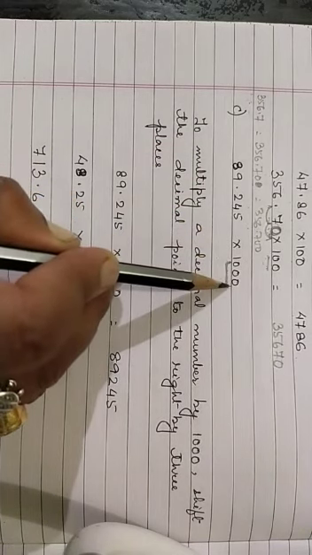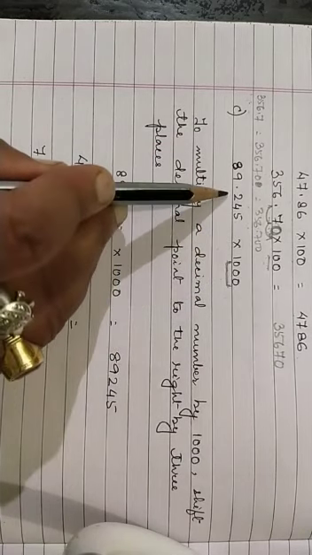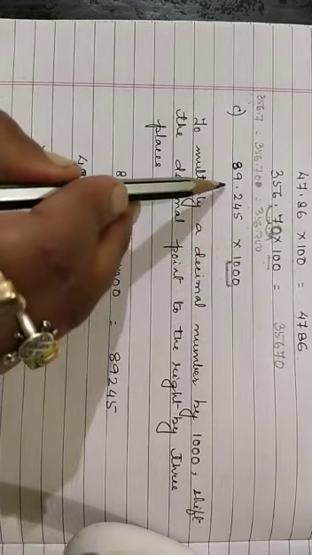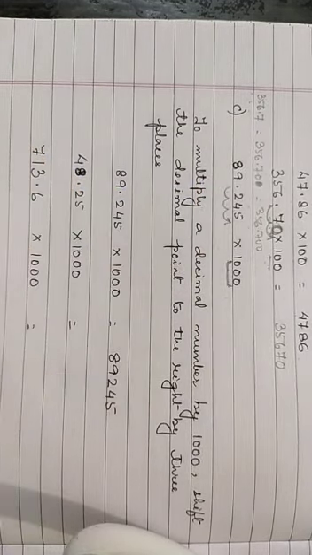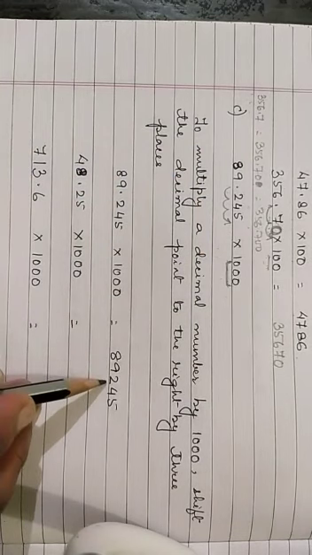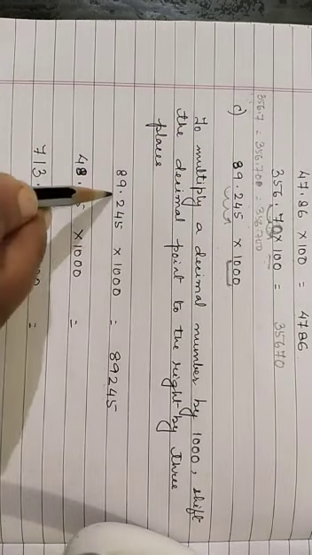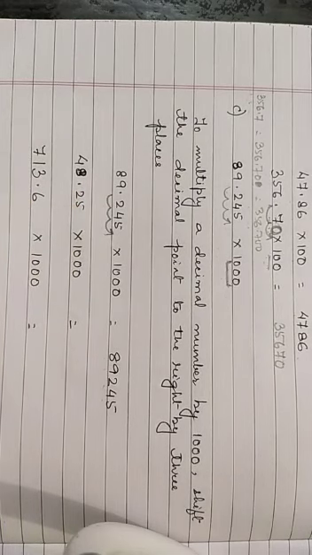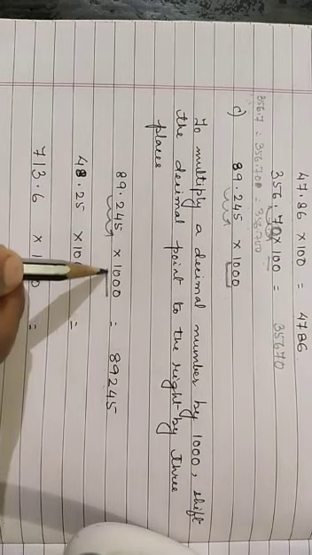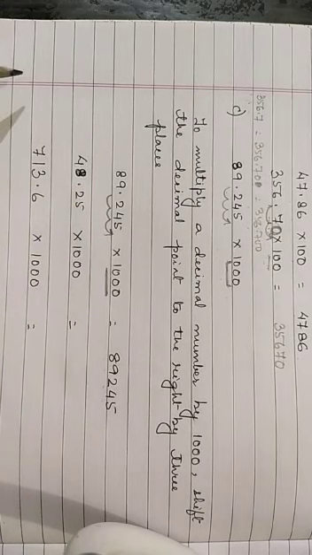Because there are 3 zeros, you will shift the decimal point 3 places: 1, 2 and 3. And my answer is 89245. The decimal point shifted 3 places to the right, because there are 3 zeros in the multiplier.